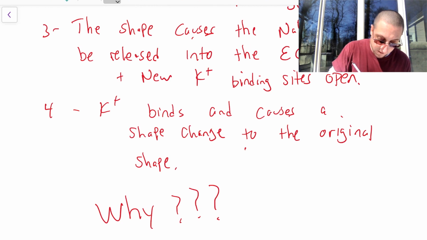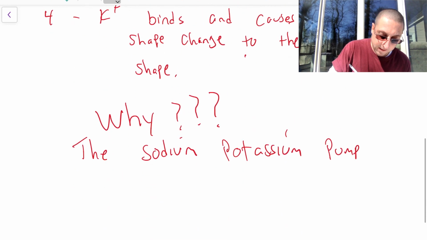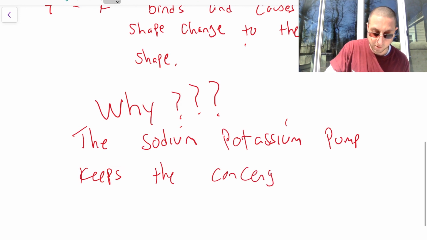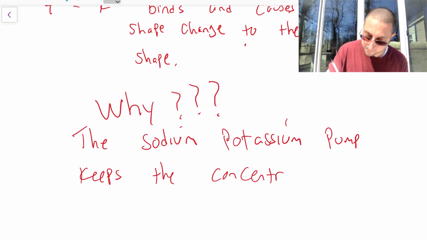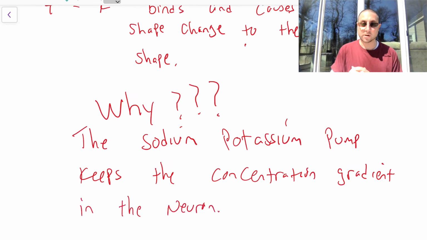So the sodium-potassium pump keeps the concentration gradient in the neuron. It keeps the charge, keeps it negative on the inside, positive on the outside.